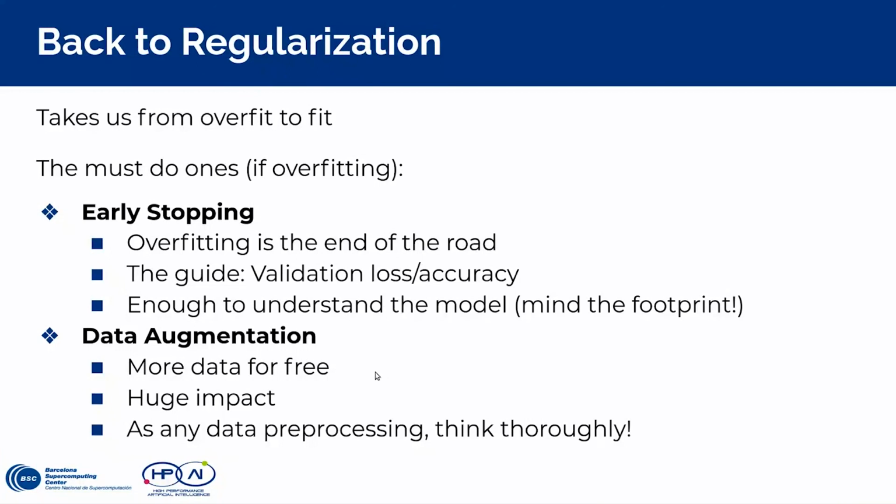For example, with images, you can move the image a bit to the right or to the left, rotate it 5 degrees clockwise or counterclockwise, or apply a vertical or horizontal mirror. There are many ways you can modify the image and still represent a valid sample. You should do it as much as you can because all these alterations will eliminate useless patterns that appear in the data and are not useful for us.